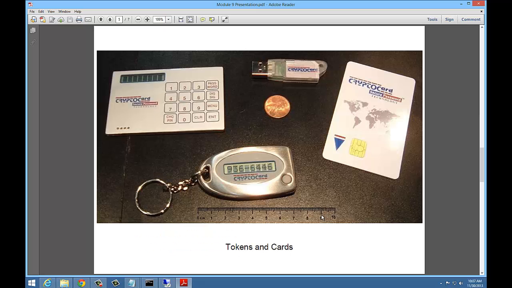Here are some of the tokens and cards that are out there. The one in the upper left, the crypto card, has a rotating number that you need to type in. There's also a rotating number in this smaller crypto card. On the right hand side, you see the crypto card with the built-in RFID chip, and then there's a USB one at the very top, which can be plugged into a computer, which will be the something you have piece of your authentication.